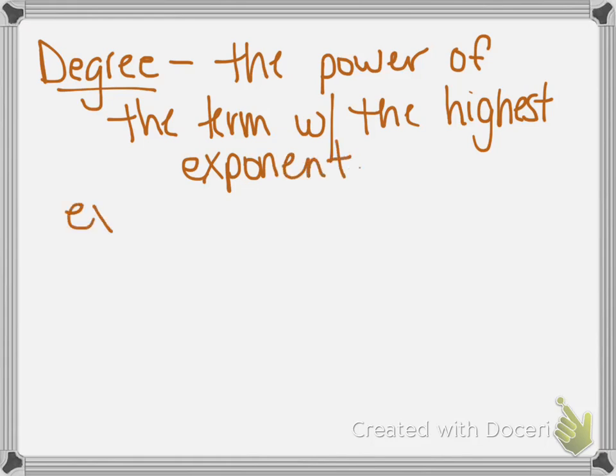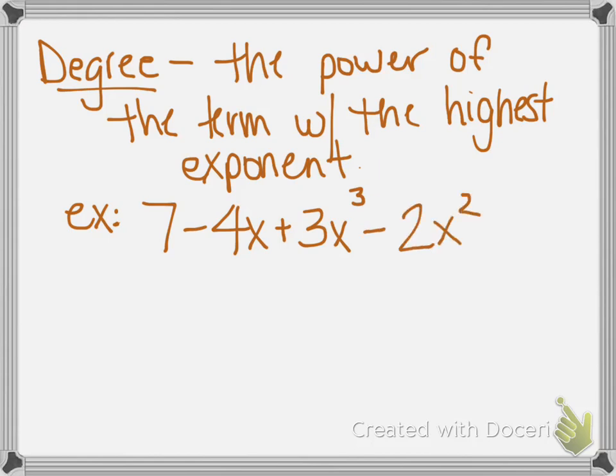So if you have 7 minus 4x plus 3x to the third minus 2x squared, this would be degree 3 because the highest exponent is the number 3.